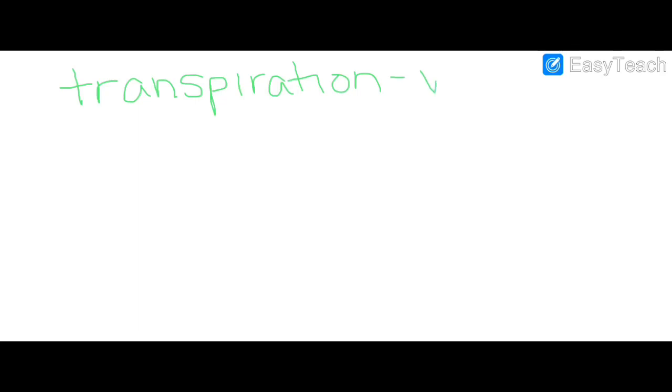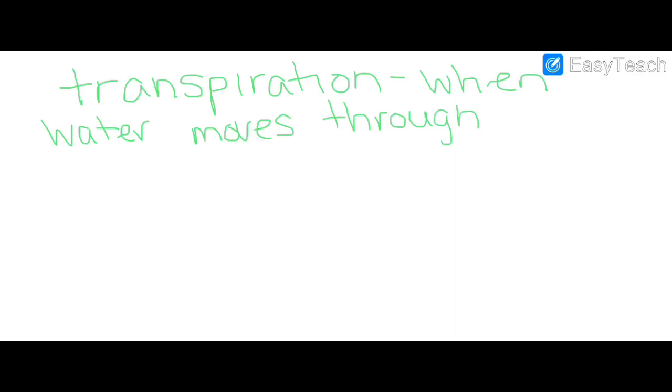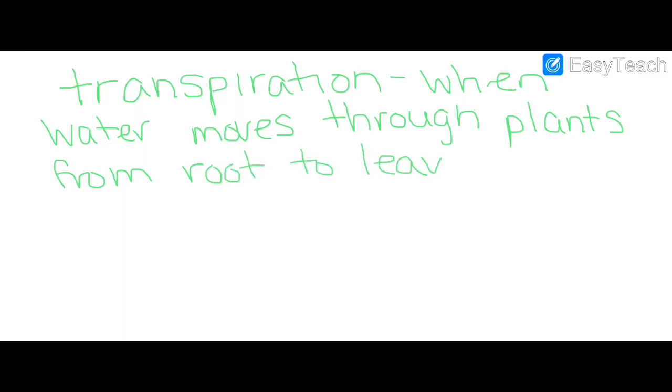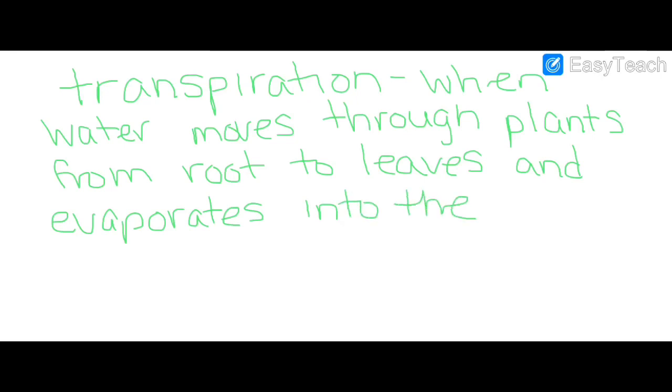So our definition, when water moves through plants from root to leaves and evaporates into the atmosphere. All right, that's our final definition.